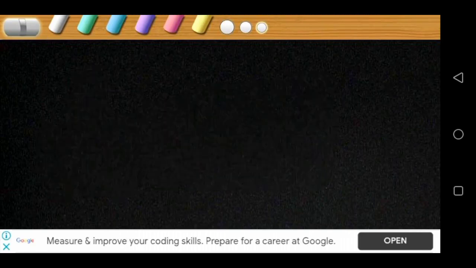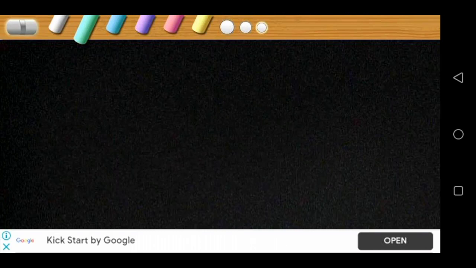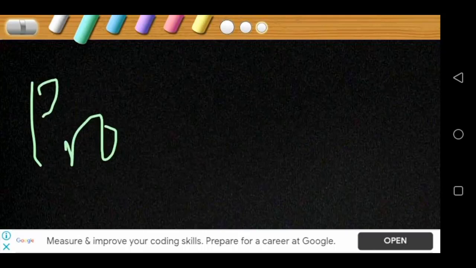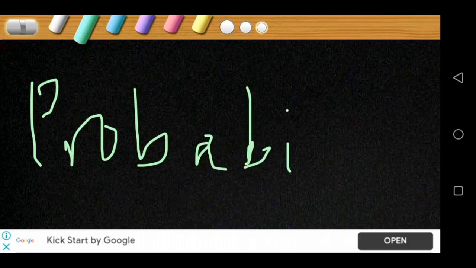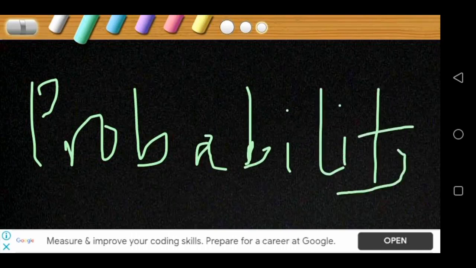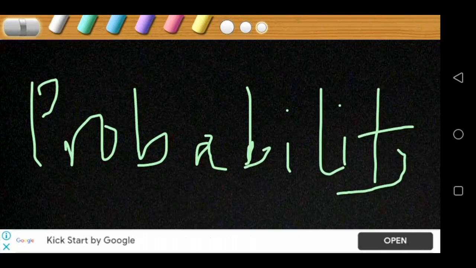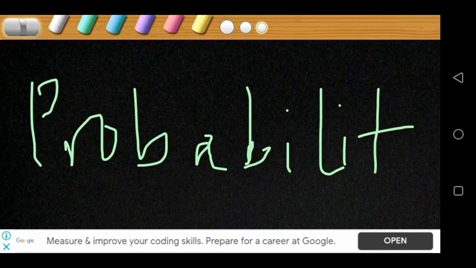So we're going to start with probability. The probability of something happening is the likelihood or chance of that thing happening.